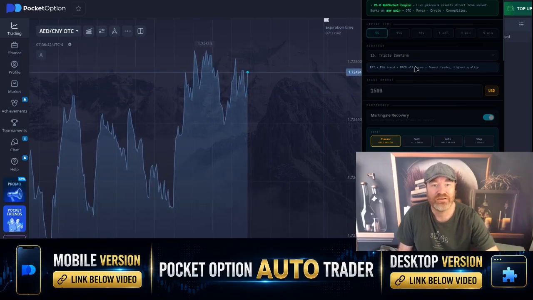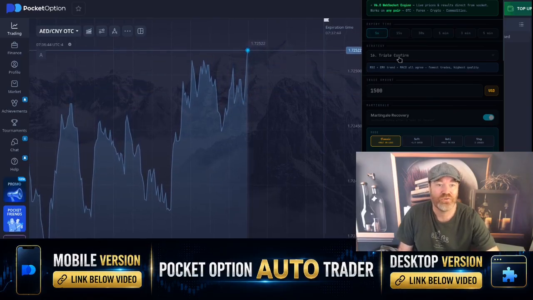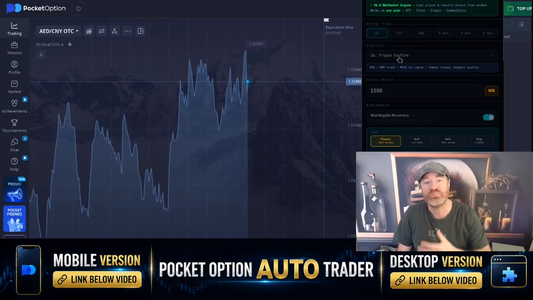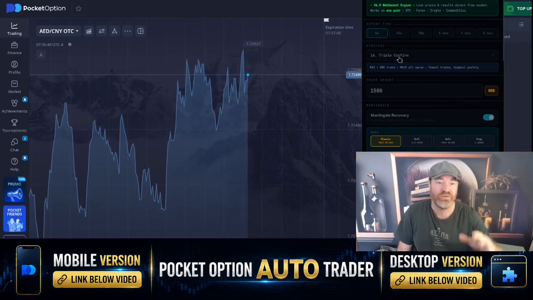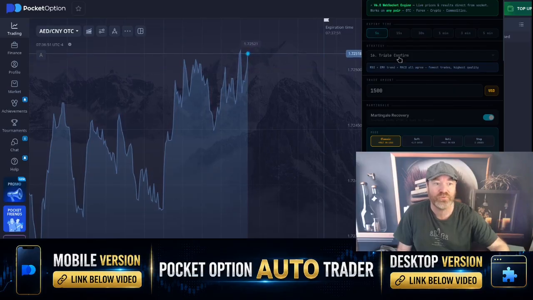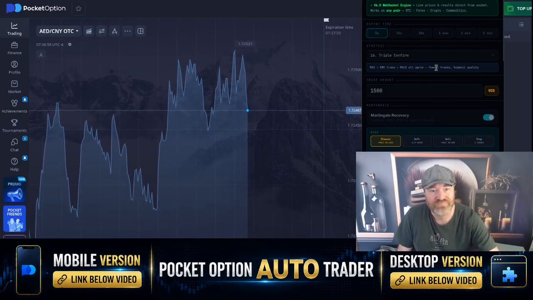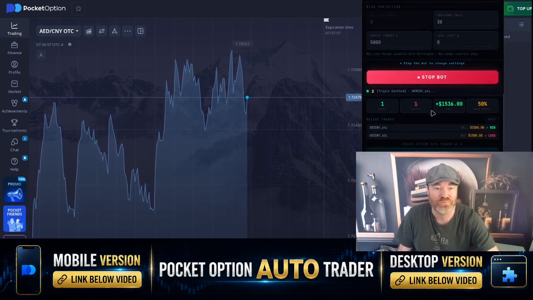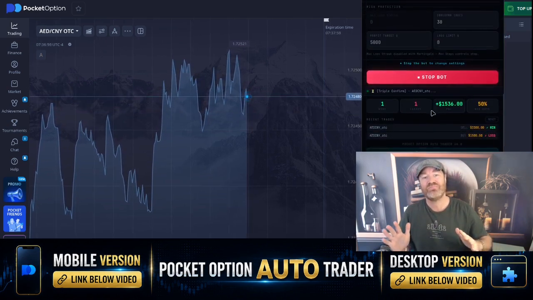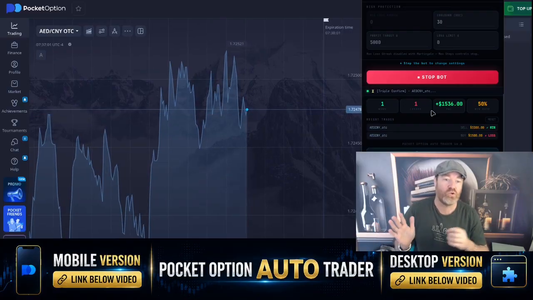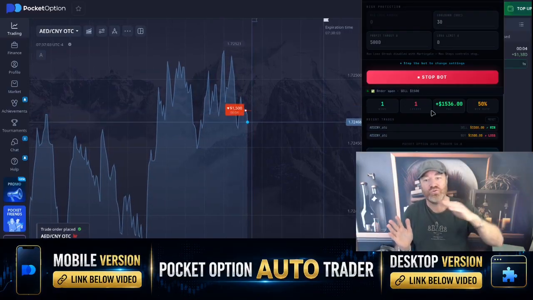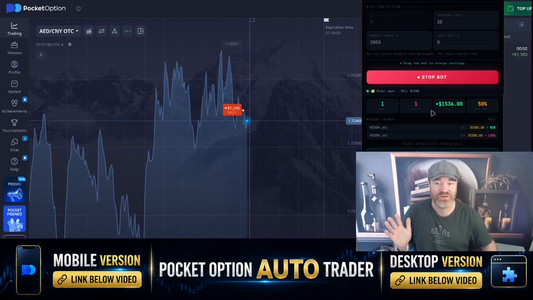Normally the strategies that are above this one work better on the smaller time frame, and the ones below triple confirm work better on the higher time frames. But I'm testing this one to see how it works, because this is the strategy that maybe is the most all-around that works on smaller and on higher time frames.